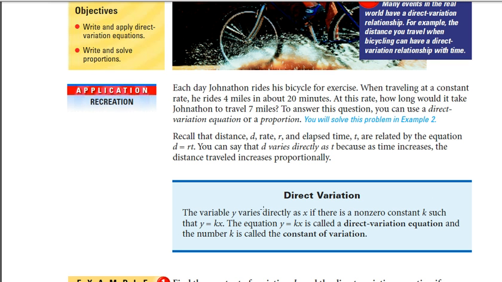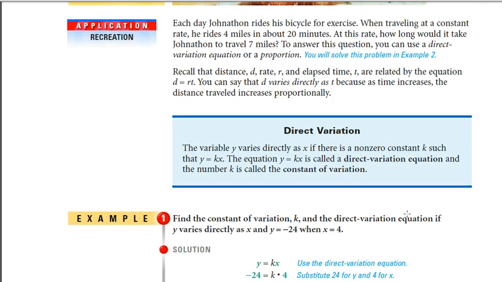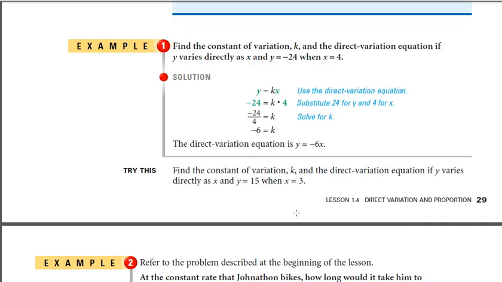Direct variation: the variable y varies directly as x if there is a non-zero constant k, remember I said k cannot be 0, such that y equals kx. The equation y equals kx is called a direct variation equation. The number k is called the constant of variation, okay? So find the constant of variation k when y varies directly. Well, I just did that. I just did that one for you.